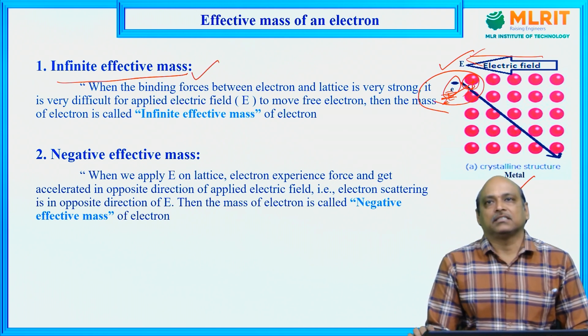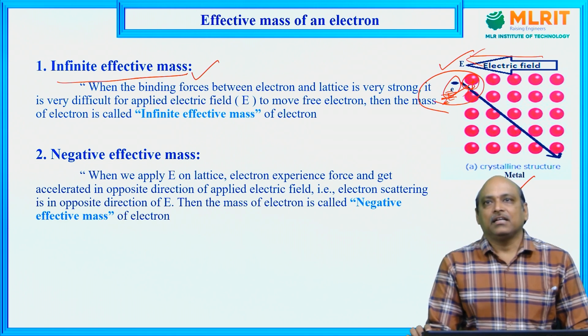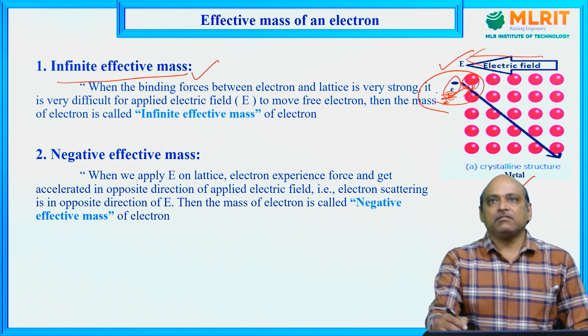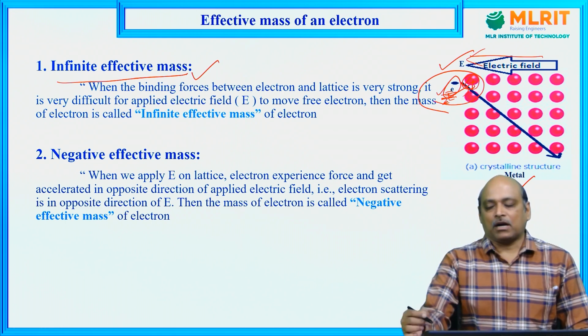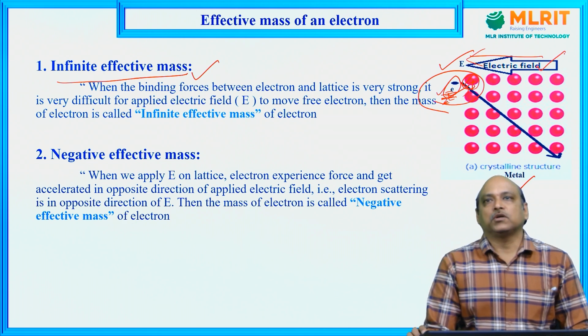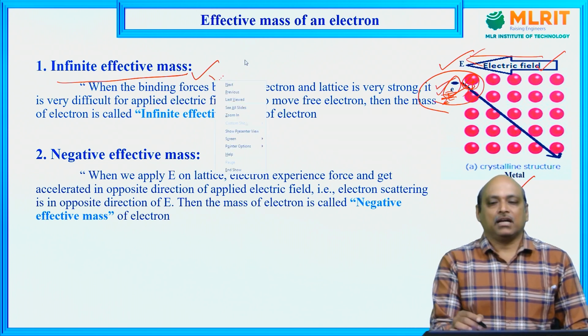Strong electrostatic attraction is working between the negatively charged electron and the positively charged ion in that metal. Due to that, even if you apply a very high electric field, you are unable to move it. When you are unable to move it, in general we treat the mass of electron as very high, even tending to infinite. In that case, the mass of electron is called infinite effective mass of electron.